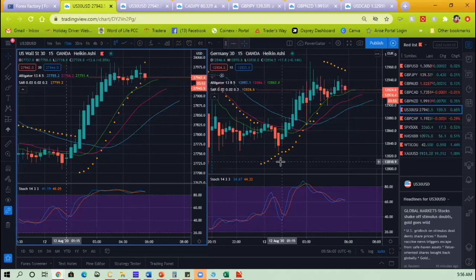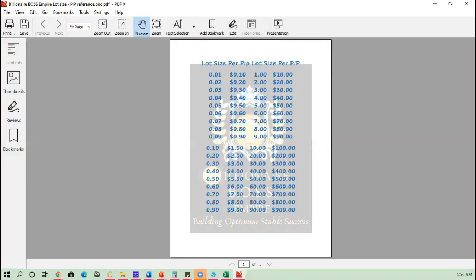Okay, so if you are interested in getting into the US 30, the US 30 has a standard lot size of 1. That's going to get you $10 per pip for that standard lot size of 1.